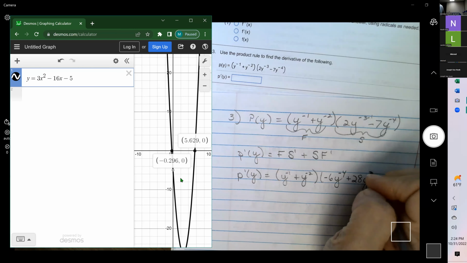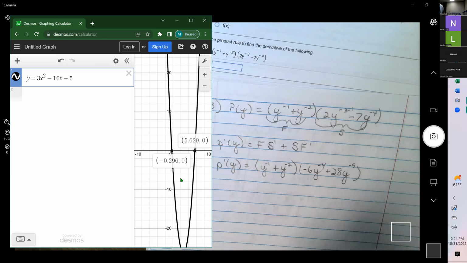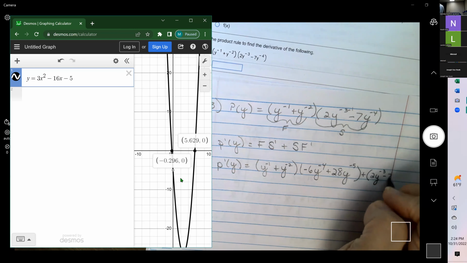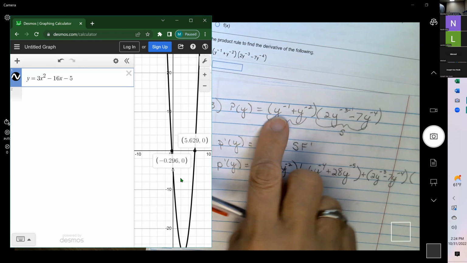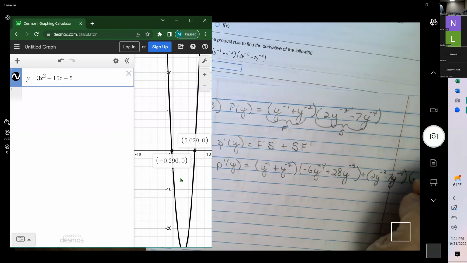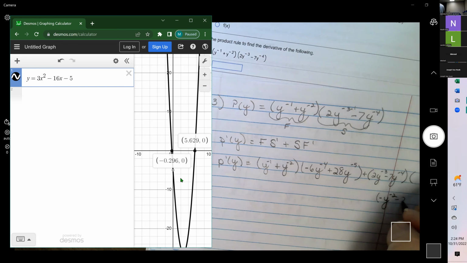Subtracting 1, I get a -5. First times derivative of second, plus the second times the derivative of the first, which would be a -y to the -2. I'm not going to be able to fit it. Minus 2y to the -3.